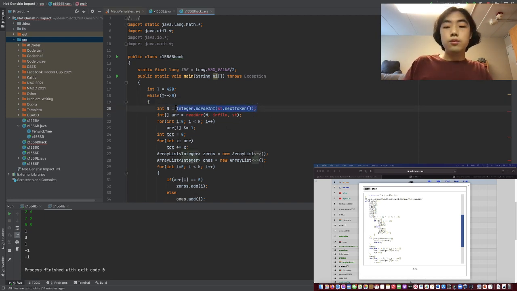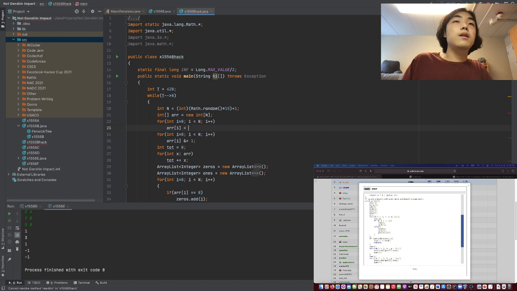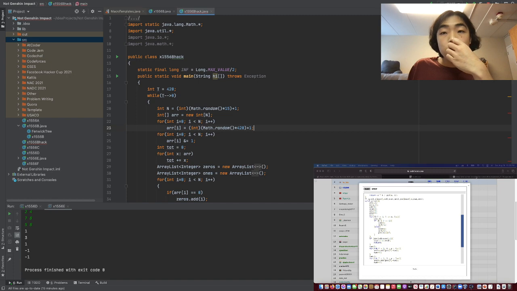Int n is equal to int math.random times 15 plus 1. Int array is equal to new int at n. For int i, array i is equal to int math.random times 420. It literally does not matter.